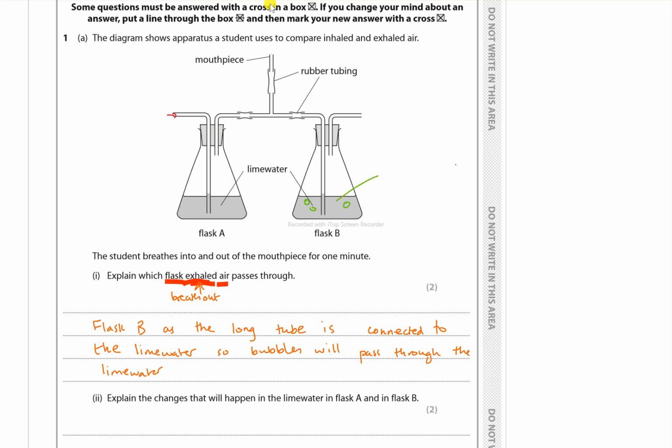So we know lime water turns cloudy or milky when CO2 is bubbled through. There's nothing bubbling through this here, so that will stay clear, or you might get a layer of a little bit of cloudiness at the top as the CO2 sort of dissolves in there because it's soluble.